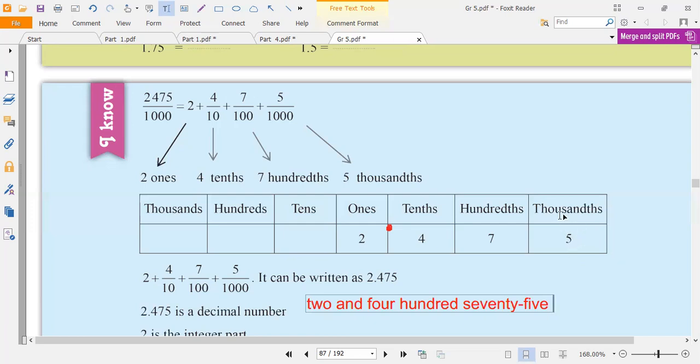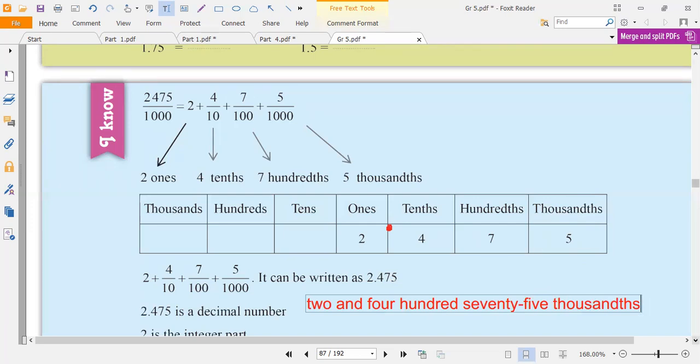The last digit is the thousandths digit, so we write thousandths at the end of the number. So we read this number like this: 2 and 475 thousandths. This is because 5 is the thousandths digit.